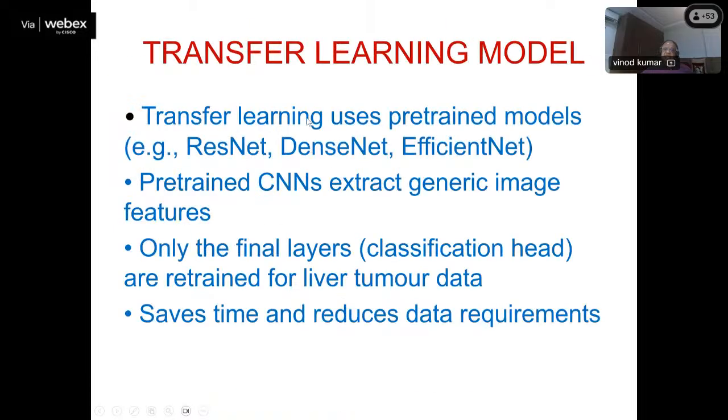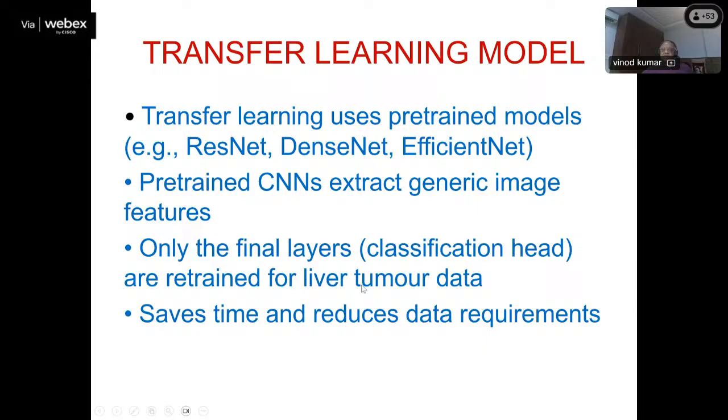So recently we started working on a transfer learning model, which uses a pre-trained model like ResNet, DenseNet, EfficientNet, etc. The CNN was taken as a pre-trained model, and the final layers we took from our liver tumor images.